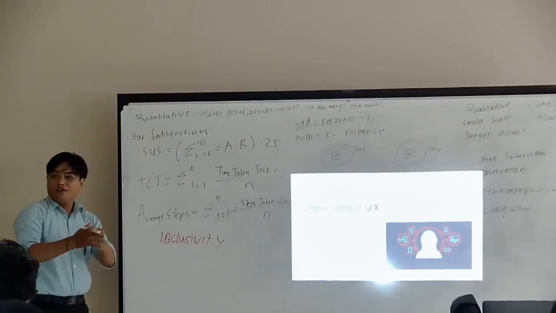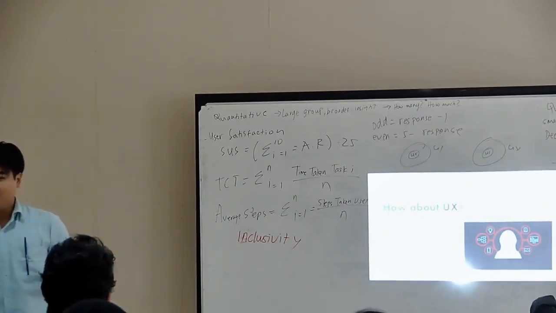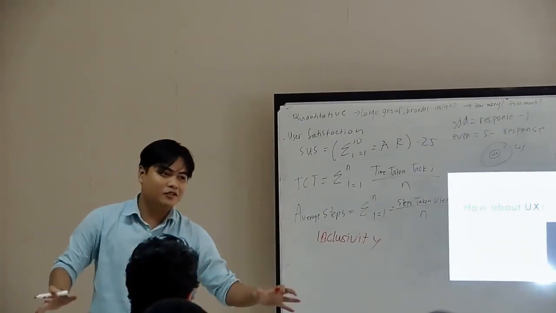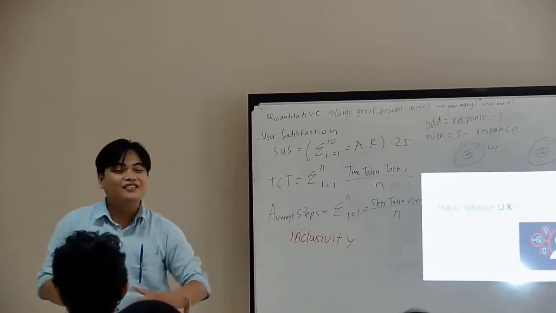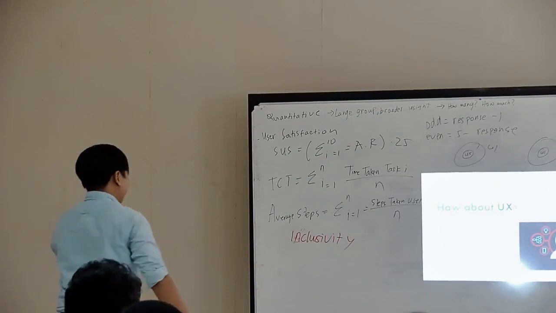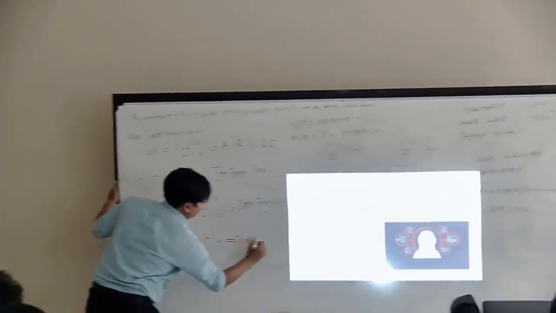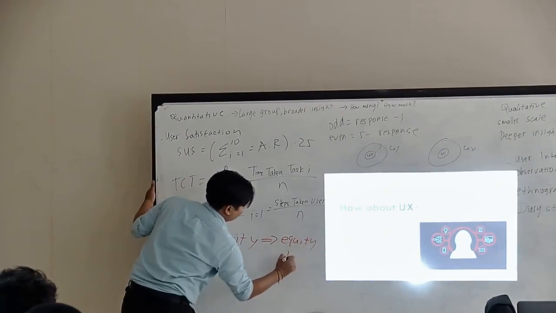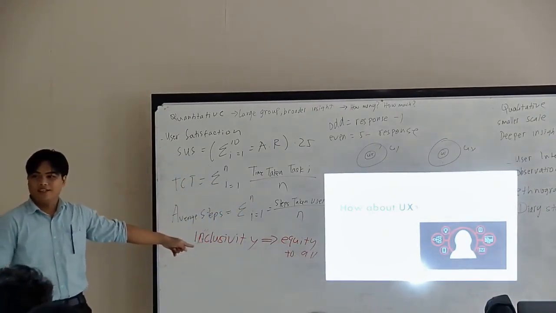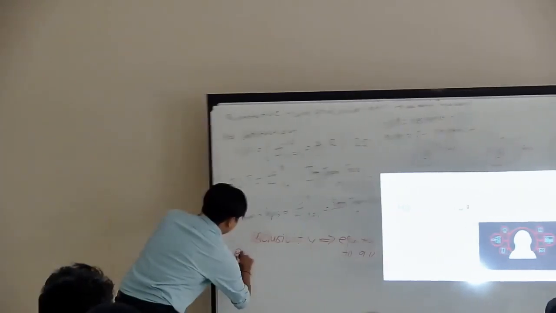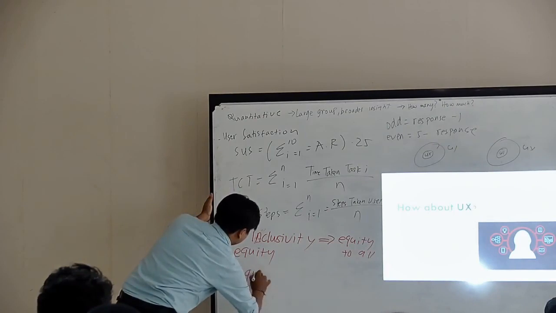Do you know inclusive? If I only teach you and don't teach you, it's not inclusive teaching. Inclusive means all. Inclusive means equity for all. What is equity? Equity and equality.